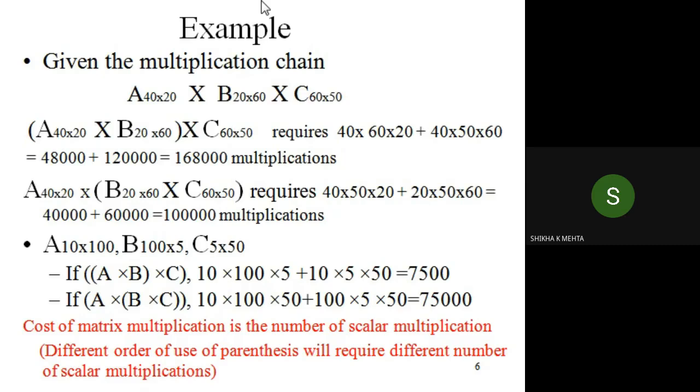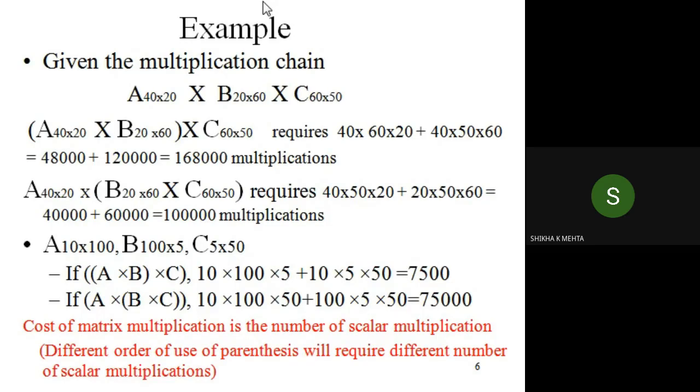Similarly, if we do it the other way, we multiply B and C first, and then the output of B and C is multiplied with the matrix A. So 20 into 60 into 50. This is how we find out the number of multiplications required. This gives us 60,000. When we perform this computation, B is 20 by 60 and C is 60 by 50.